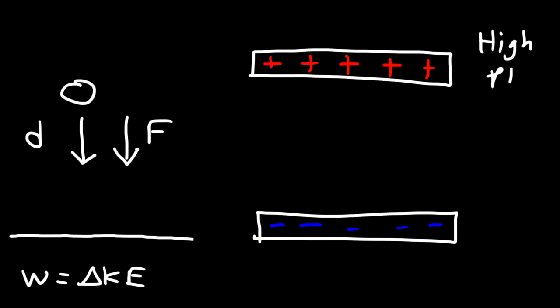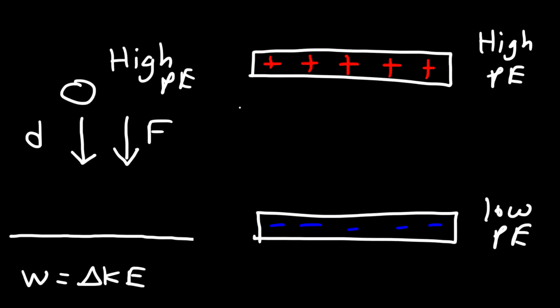So this would have high potential energy, and this will have low potential energy. Now, in the case of the ball falling to the ground, at the top, it has high gravitational potential energy. But when dealing with charges, we need to say electric potential energy. Sometimes you'll see me write EPE for that.